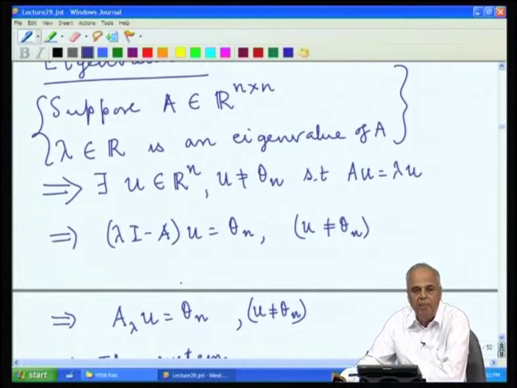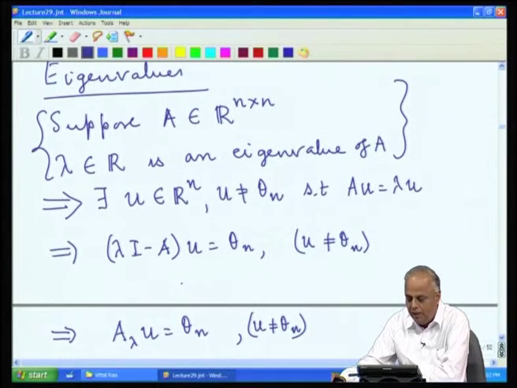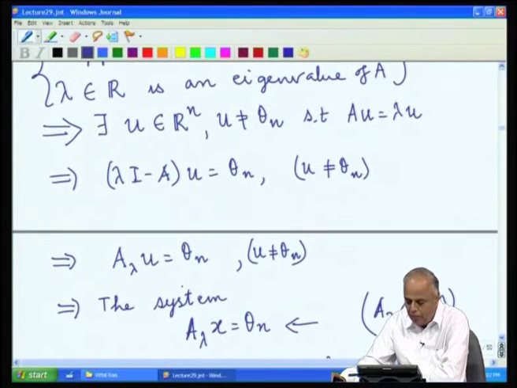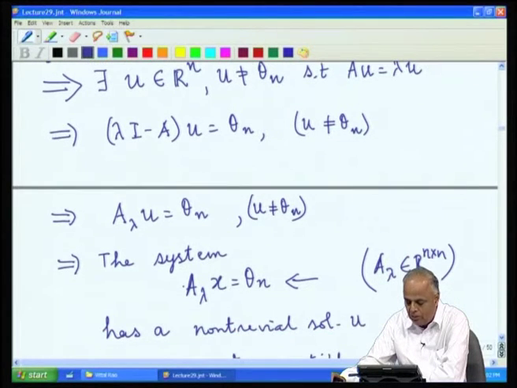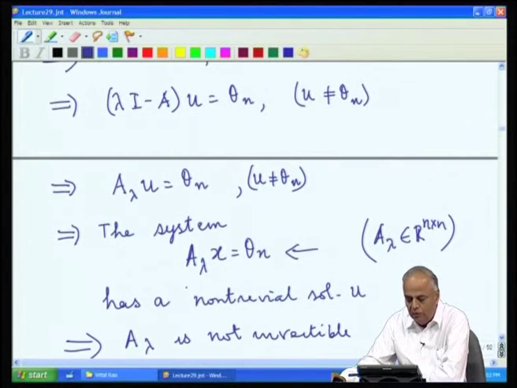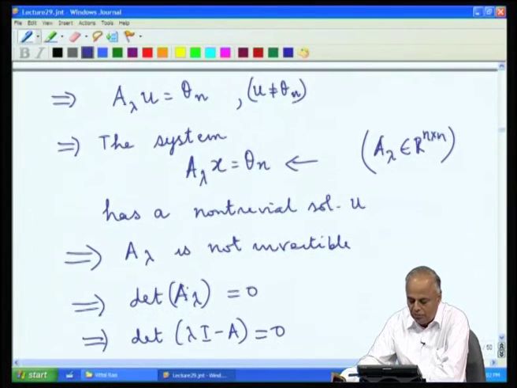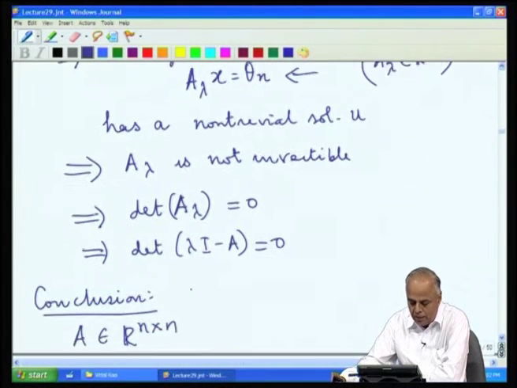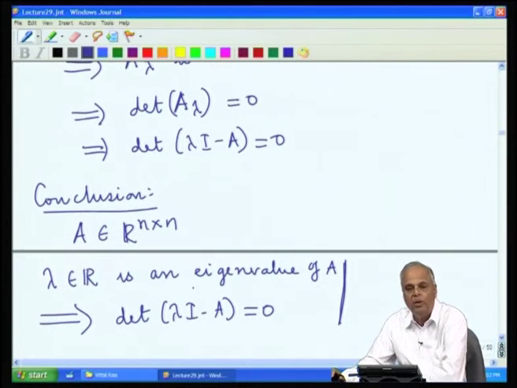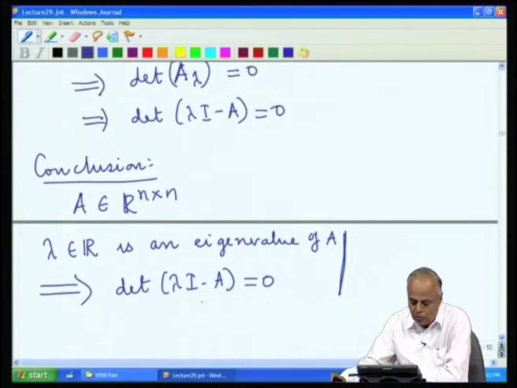This implies A lambda u equal to theta n, where A lambda was the matrix lambda I minus A. Therefore, the system A lambda x equal to theta n has a non-trivial solution u. Therefore, A lambda is not invertible. Therefore, the determinant is 0, and hence we get that if lambda is an eigenvalue of A, then determinant of lambda I minus A equal to 0.